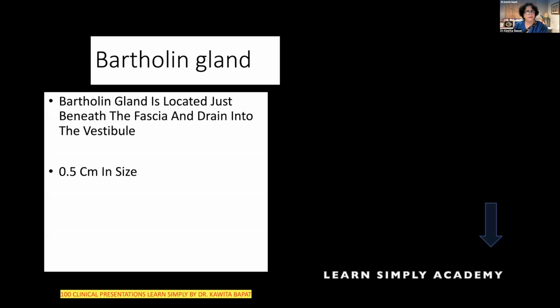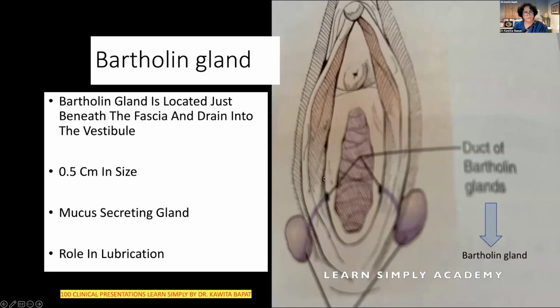It's a very small gland very close to the vestibule, and it is a mucus-secreting gland. Its role is lubrication during sex. You can see these two Bartholin glands, almost 0.5 centimeter in size, and there is a duct which opens inside the vagina.